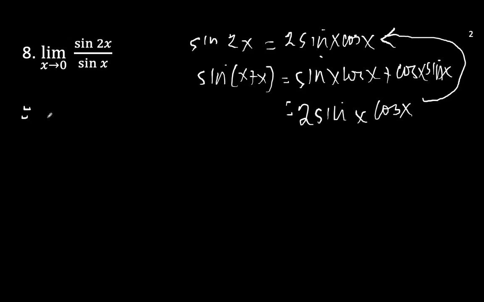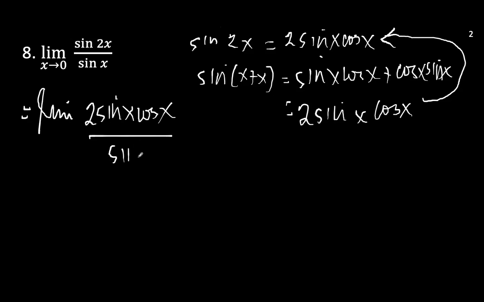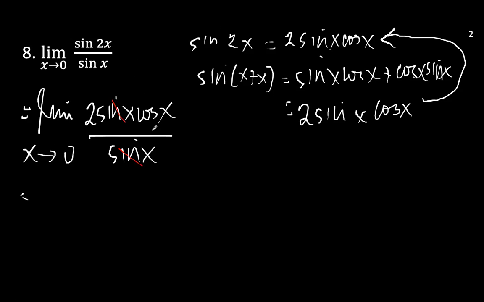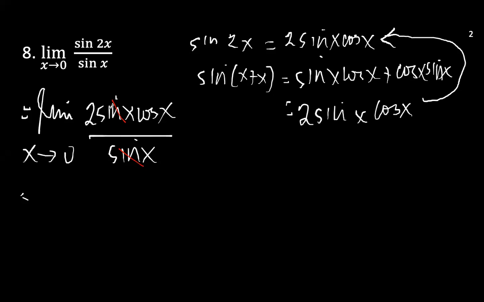So let's substitute that here. The limit of 2 sine x cosine x over sine x as x approaches 0, we can do cancellation here. We can cancel out sine x and sine x, so this becomes 1 and 1.